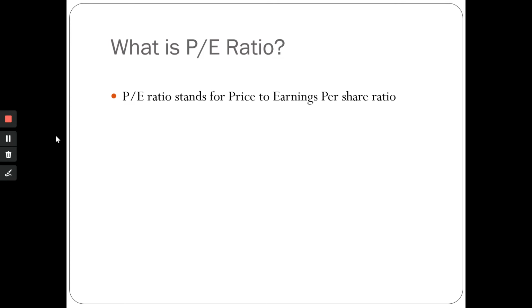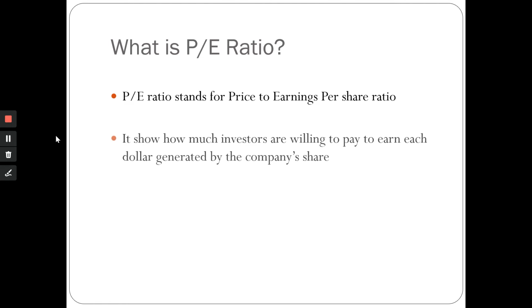In simple words, it suggests how much an investor is willing to pay for each dollar earned by the company's share. And if it is high, it means investors have high hope regarding the growth of the company. And what do we mean by the growth of the company?